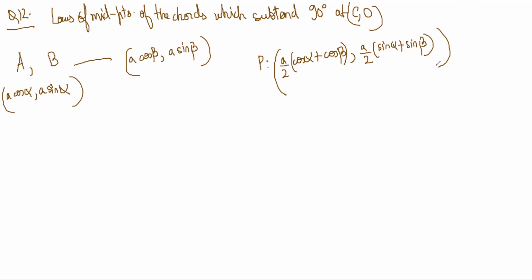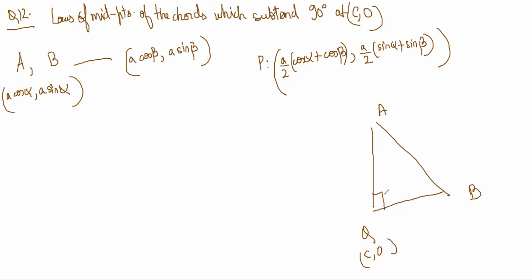Now Q is the given point c comma 0. The chord is subtending 90 degrees at this point. So A is this, B is this, and this point is Q, c comma 0.